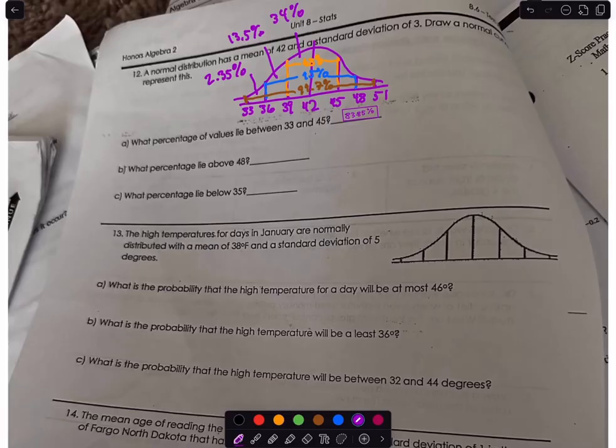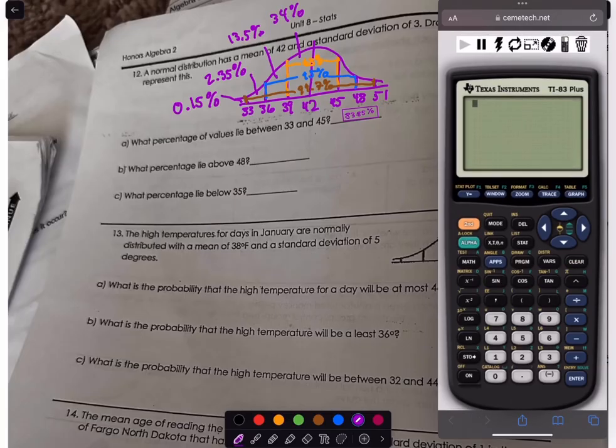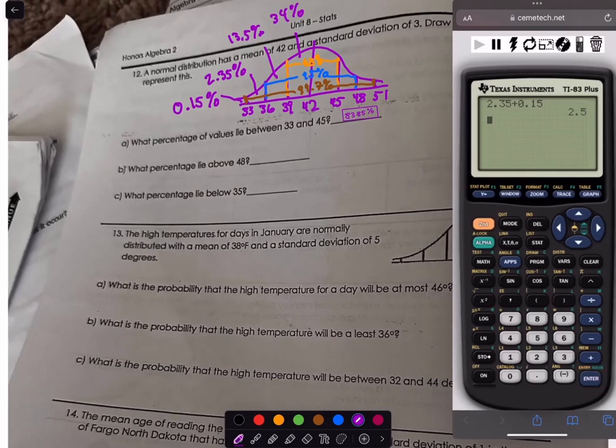This little region over here is 0.15%. So the amount above 48, we would say the 2.35 plus the 0.15, so 2.5%.